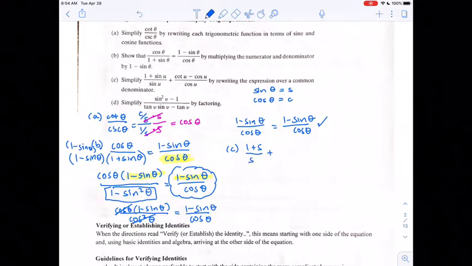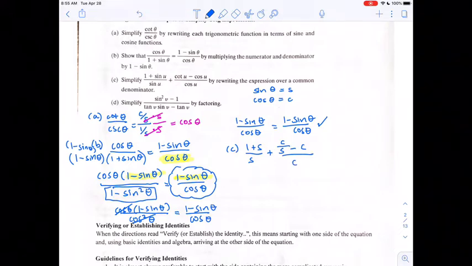But when I have something like cotangent of u minus cosine of u all over cosine of u, what I'll do is replace the cotangent in terms of c and s as well, just so that it makes it have common functions throughout, rather than having three functions, sine, cosine, and cotangent. We'll just have sine and cosine to deal with. So cotangent is c over s, and then cosine is c, and then that's all over c.